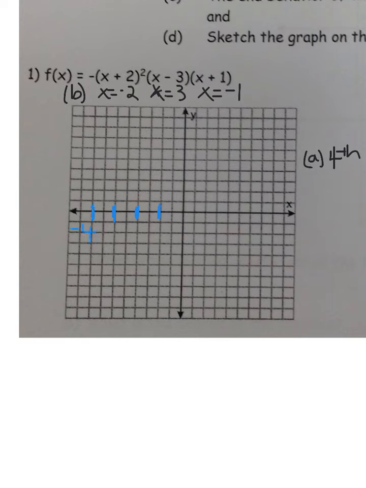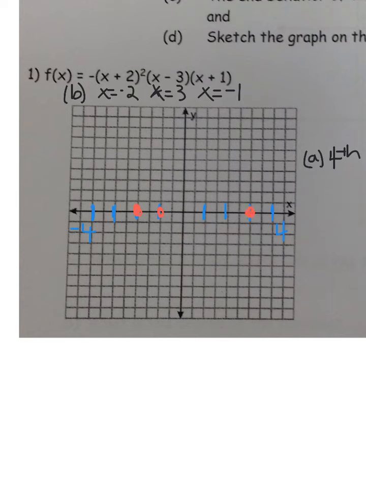So that's -4. And then we've got 1, 2, 3, and there's +4. Okay? All right, so I've got a 0 at -2. So I've got a 0 right here. I've got a 0 at -1, and I have a 0 at +3.